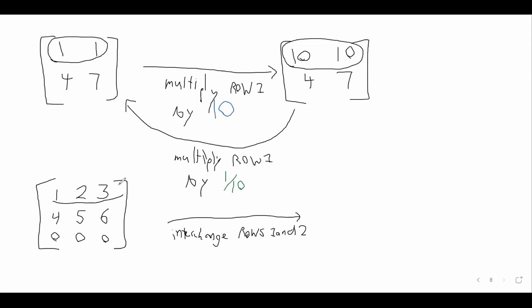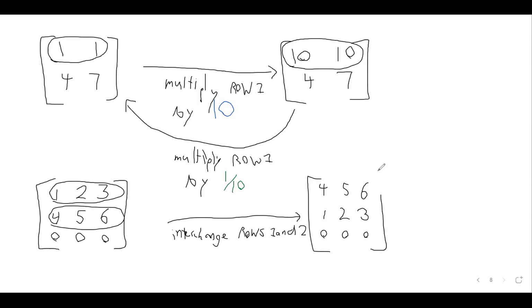So if we interchange rows 1 and 2, the resulting matrix that we get is 4, 5, 6, 1, 2, 3. And we're only interchanging the first 2 with each other. So the third row stays unchanged and still 0, 0, 0. So that's if you interchange rows 1 and 2.